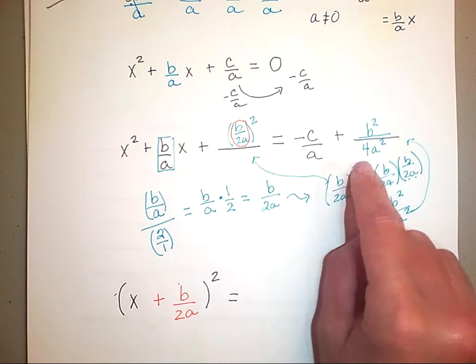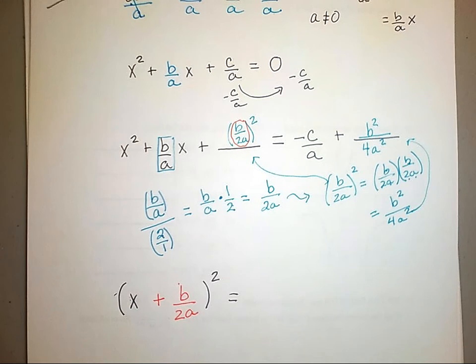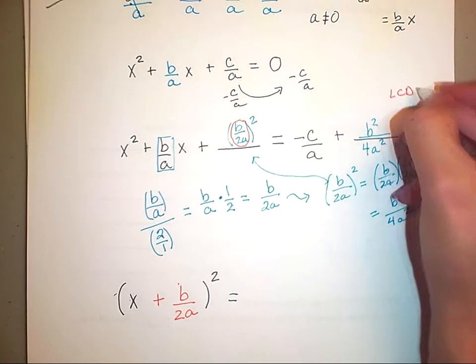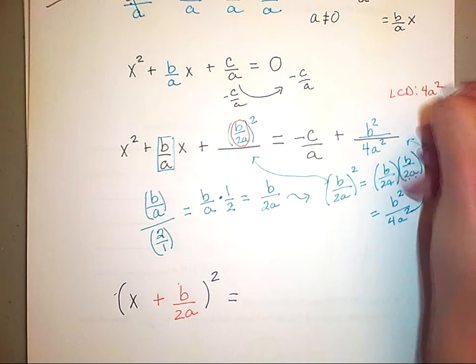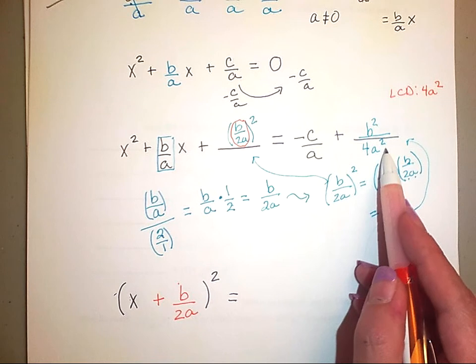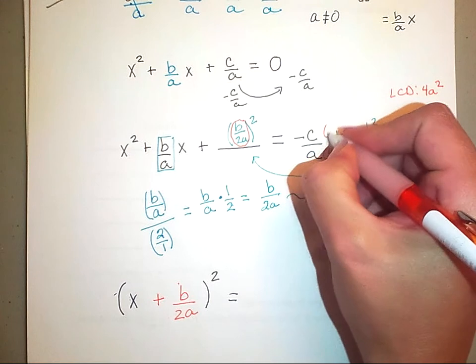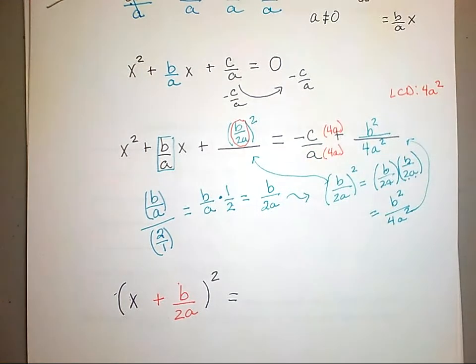now these are just fractions. I want to combine them. If you're going to add fractions, you need a common denominator. So our least common denominator is going to be 4a squared. This side already has 4a squared, so I don't have to touch it. But I need to multiply this by 4 and a, and therefore this one by 4 and a.